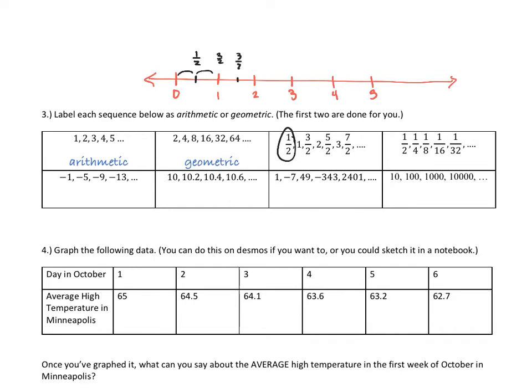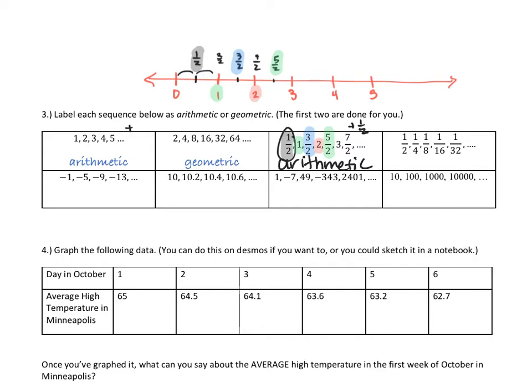This would be 3 halves, 4 halves, 5 halves, etc. And so our sequence numbers are a half right here, 1 right there, 3 halves right there. Oh, well, it's just kind of following a pattern for me, right? And it's just going up a little bit every time, so it's going up by half. So that makes this one actually another arithmetic sequence. Okay, and we're just adding a half.